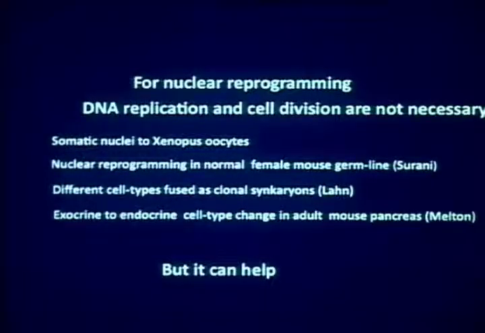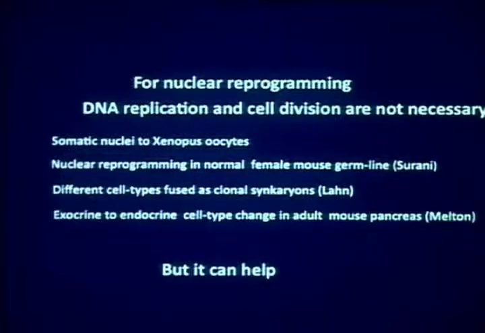Then in the mouse germline, as Msirani has shown, you can get nuclear reprogramming in the female germline, again without any cell division or replication. In these cell hybrid experiments, cell fusions, again, you can get major switches in the absence of replication or cell division, and a rather spectacular experiment by Melton was to switch exocrine to endocrine pancreas by the Yamanaka factor route or pancreas transcription factors.